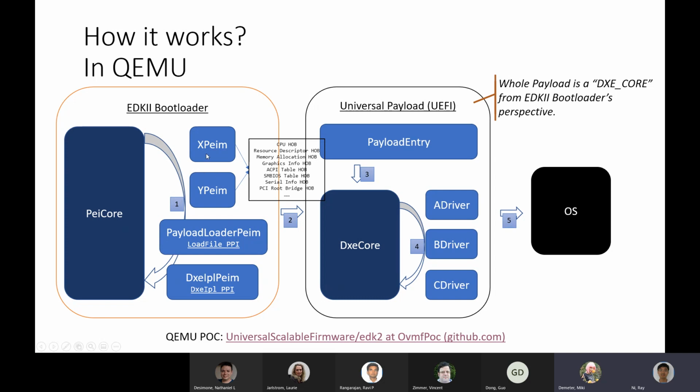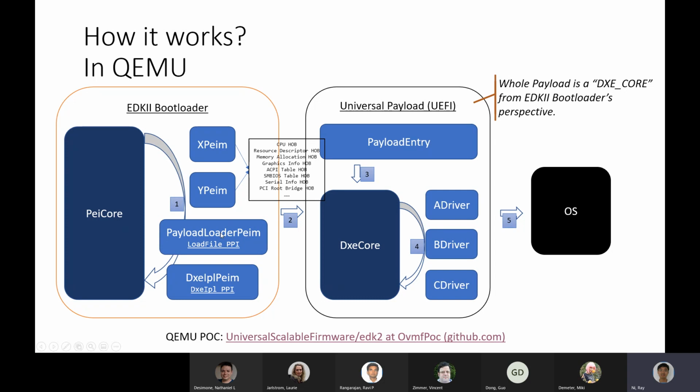First, we change some of the PI modules in the EDK2 bootloader to produce some necessary HOBs. Those HOBs are defined in the universal scalable firmware spec, and those HOBs will be consumed by the payload. And we also put an ELF loader there, because originally the PI code just contains the PE loader.